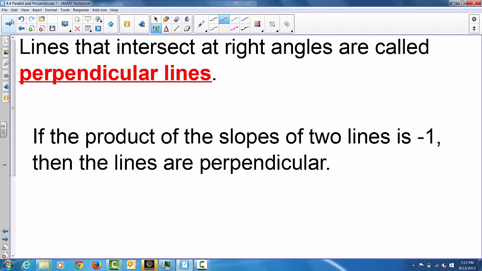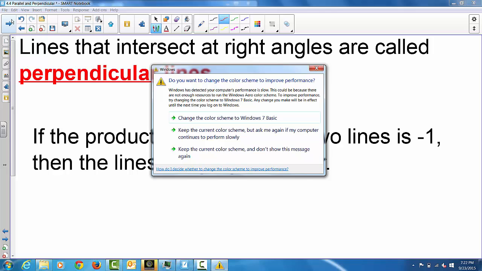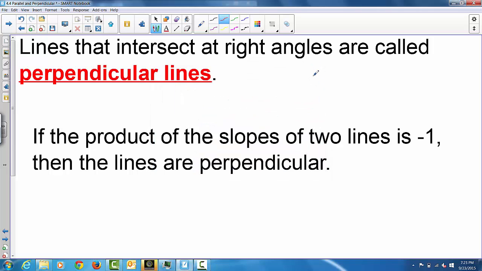Lines that intersect at right angles, 90-degree angles, are called perpendicular lines. And just like parallel lines had the same slope, with perpendicular lines, if you take the two slopes and you multiply them, you're going to get negative 1.